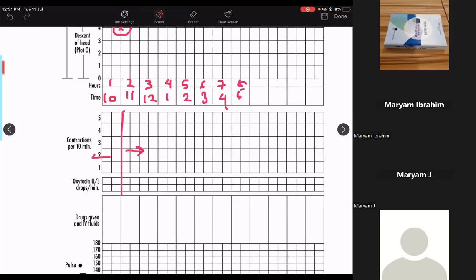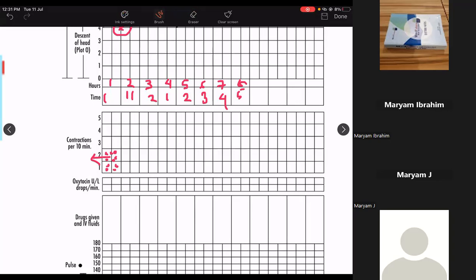It should be towards this side because this is our first hour. If we go this way, then we have entered the second hour. So she's having 2 weak contractions, you make your dots.